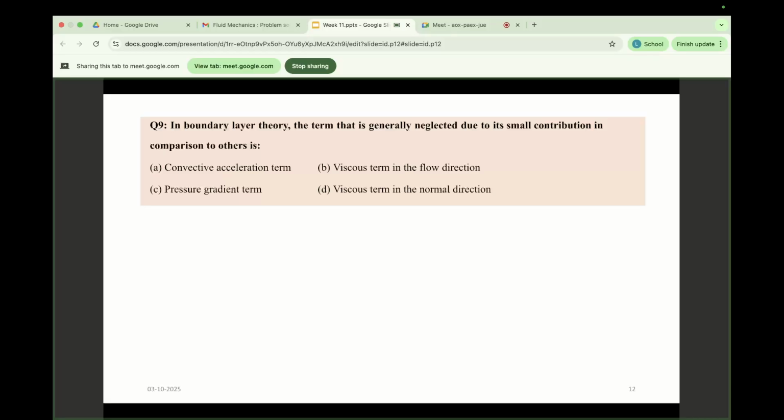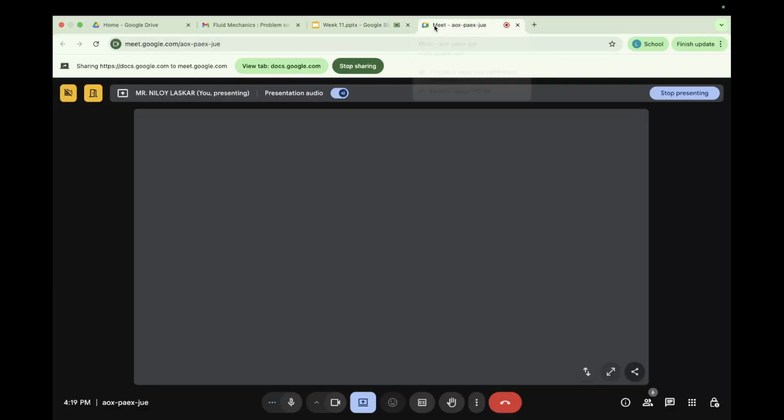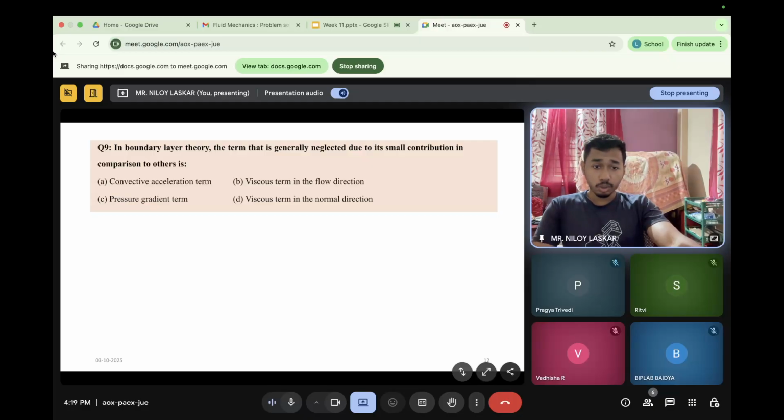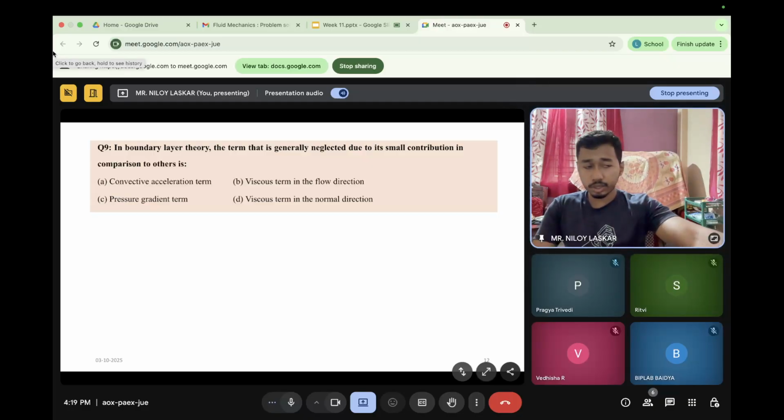So the next question is: in a boundary layer, the term that is generally neglected due to its small contribution in comparison to others is the convective acceleration term, viscous term in the flow direction, pressure gradient term, or viscous term in the normal direction. If you observe the previous assumptions of the Navier-Stokes equation, you will be easily able to answer this one.